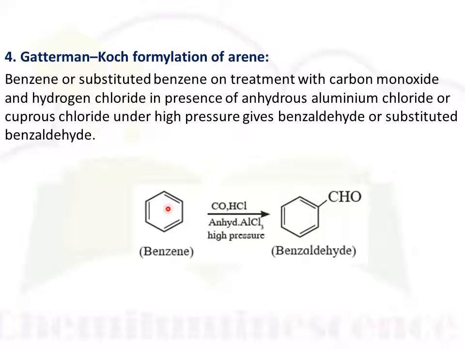If we use a substituted benzene, for example toluene as a reactant, then methyl benzaldehyde will be a product, because in this the methyl group is not converted into a formyl group, but this formyl group gets incorporated or added to a benzene ring. So in this way, by using Gattermann-Koch formylation of arene, we can prepare an aromatic aldehyde.